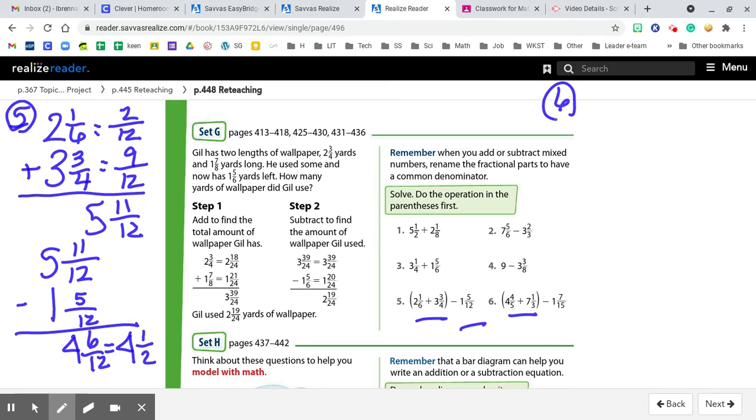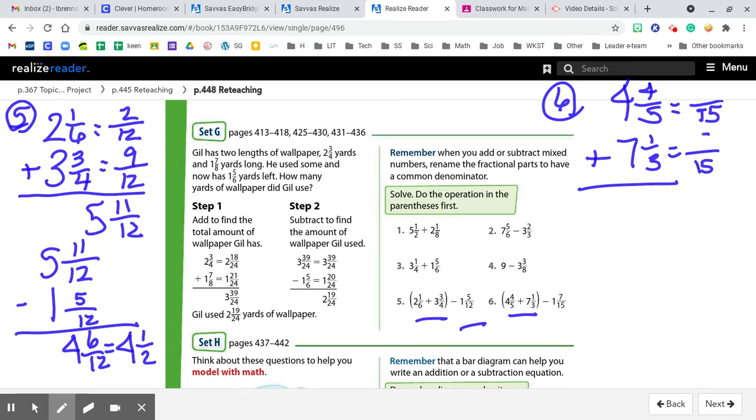And for number 6, I'm going to have 4 and 4/5, add 7 and 1/3. 3 and 5, multiply them together. 15 is a common multiple. 3 times 5, so 1 times 5. 5 times 3, so 4 times 3. And I'm adding 17 over 15, and 7 and 4 is 11.